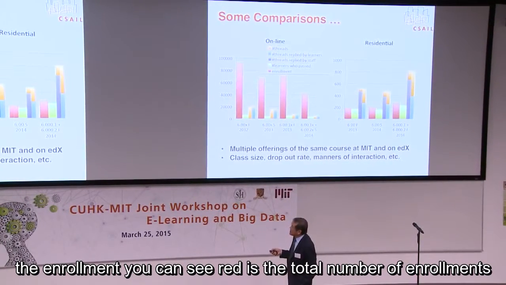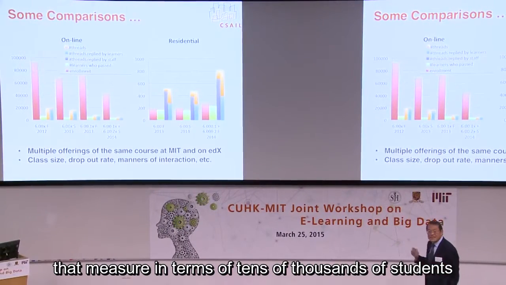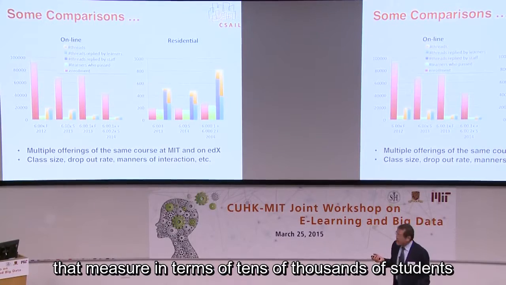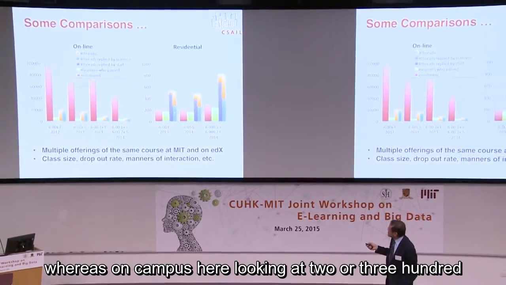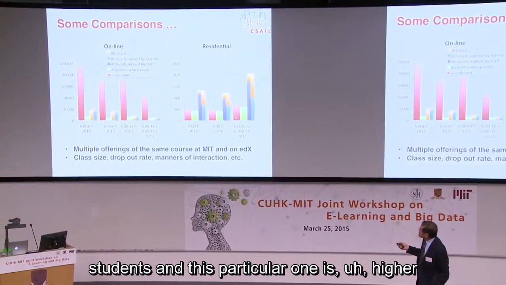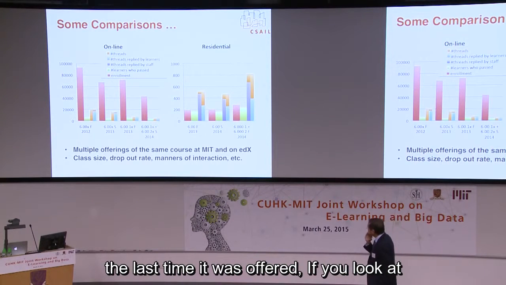You can see red is the total number of enrollments. That's measured in terms of tens of thousands of students, whereas on campus, you're looking at 200 or 300 students, and this particular one is a high, the last time it was offered.